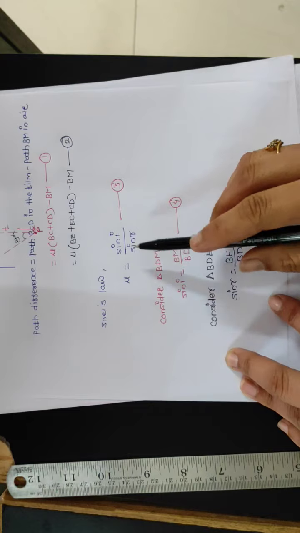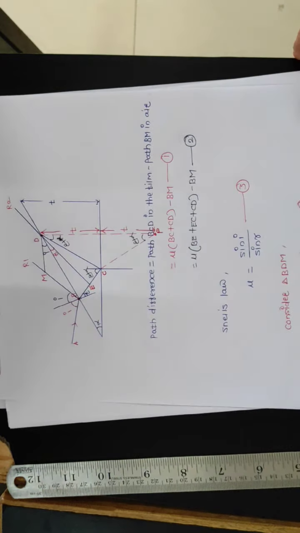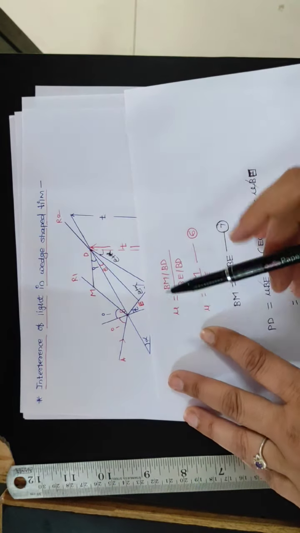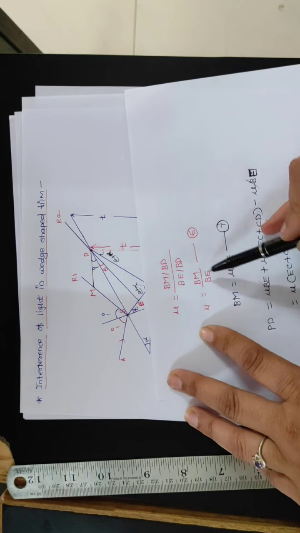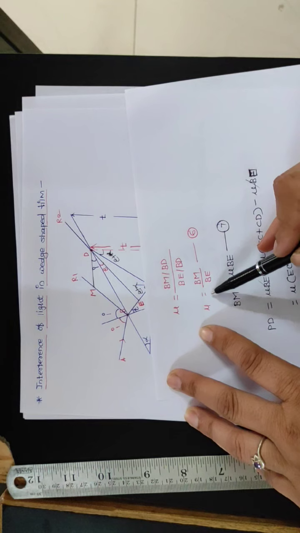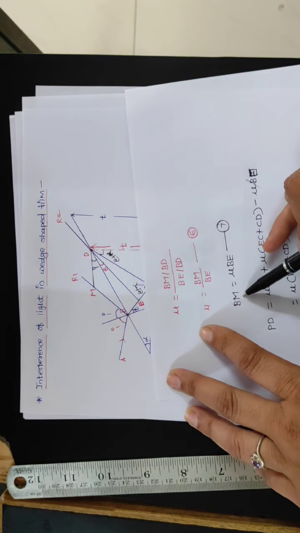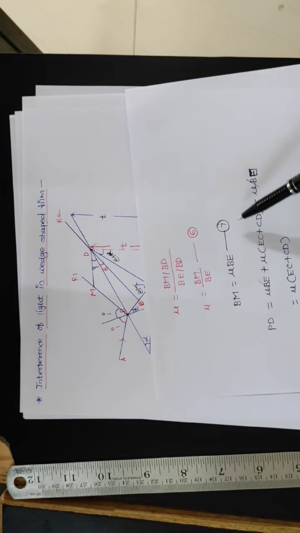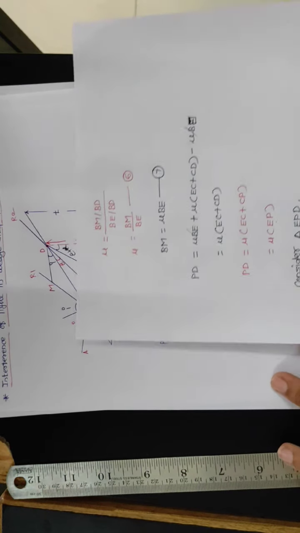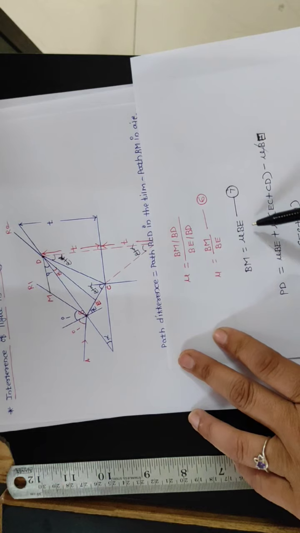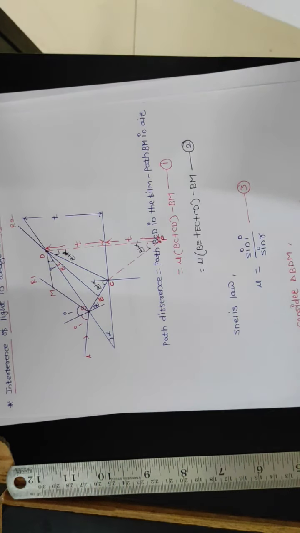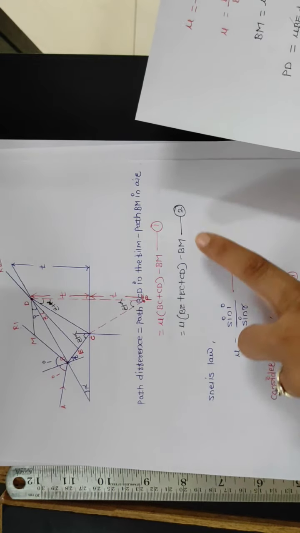So both the values we put in equation 3, we get mu is equal to BM divided by BE. Here BD will get cancelled. Now from this equation we can write BM is equal to mu into BE. Give next equation. Now put the value of BM in equation 2.